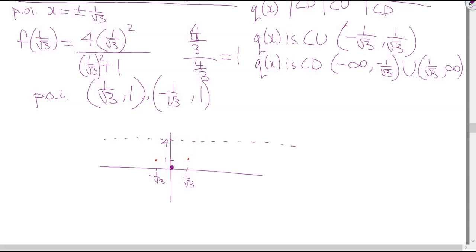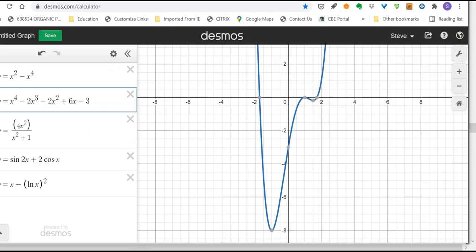We're concave down, so we're going to come from here, change, go up there. There we are. And wait for it. And there we are.